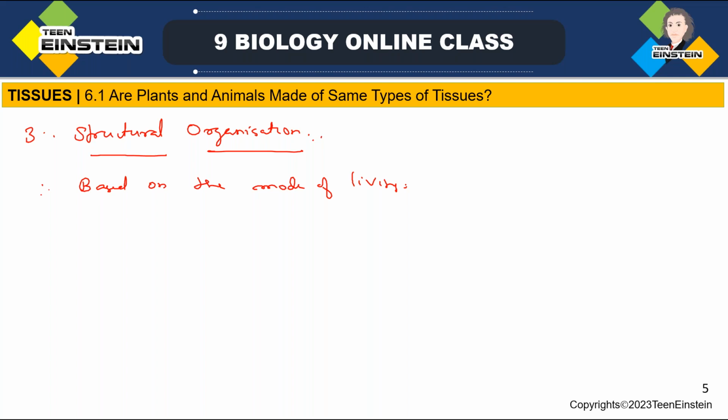But animals are making movements. Plants don't want to move, so their structure is designed in a way that they don't need locomotion. But in the case of animals, we said they have several needs. They need to move from one place to another to search for food, think about animals like cattle searching for their food.